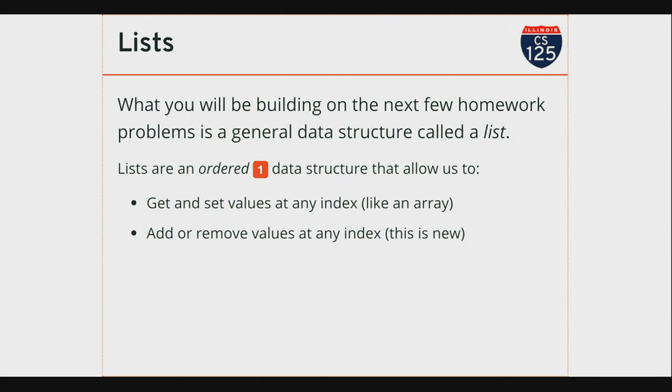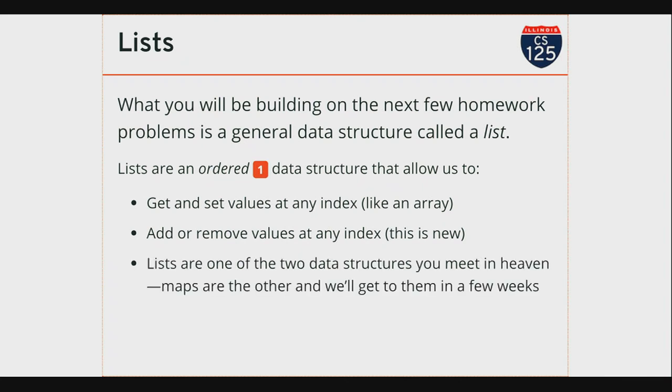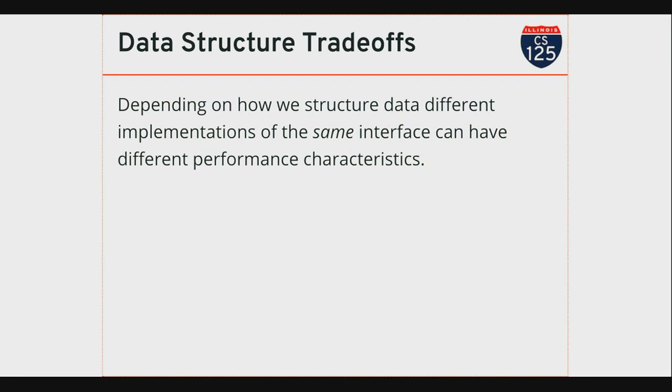I can add and remove values anywhere in the list: at the front, at the back, in the middle. Lists are probably one of the two most useful data structures you will meet as a computer scientist. Sometimes I refer to these as the data structures that you meet in heaven. Lists and maps. We'll get to both by the end of the semester. Lists are the first one we're going to talk about.